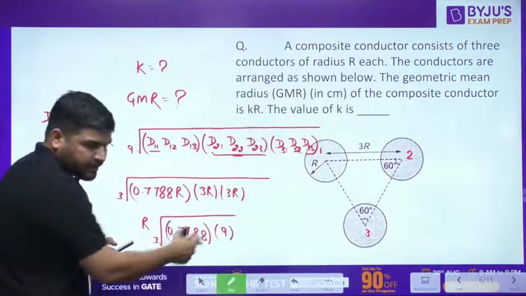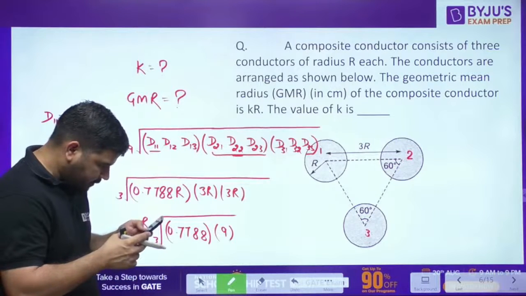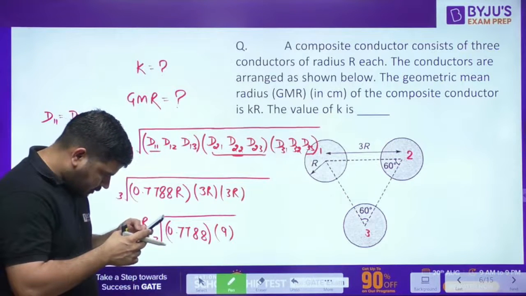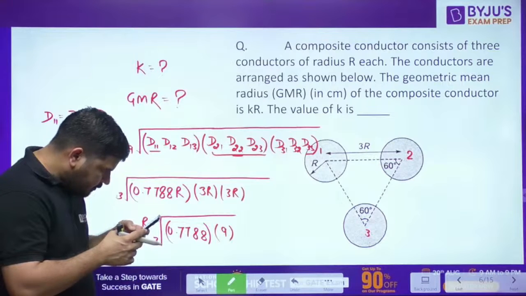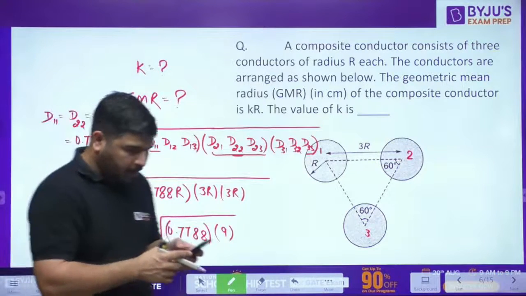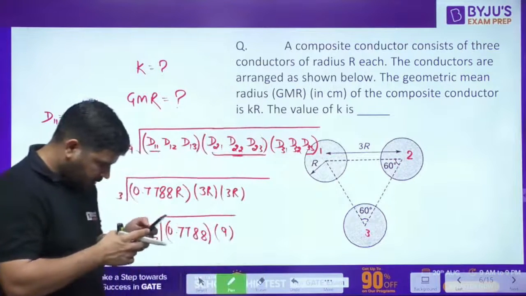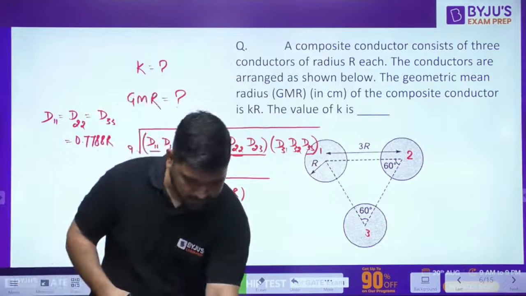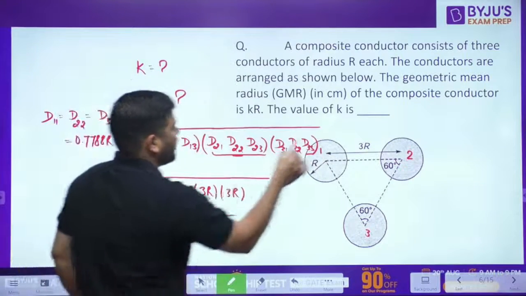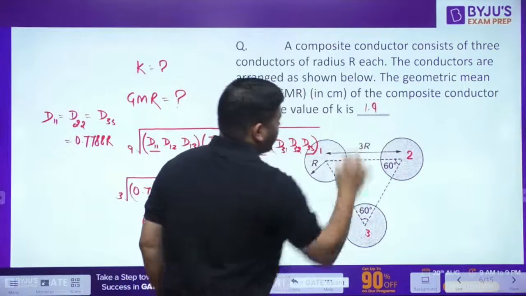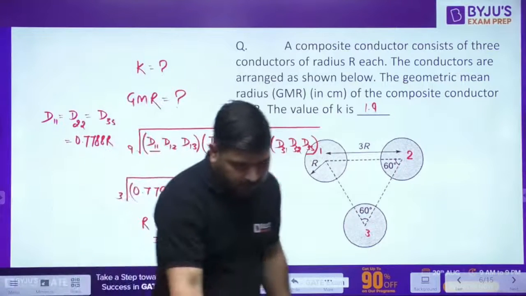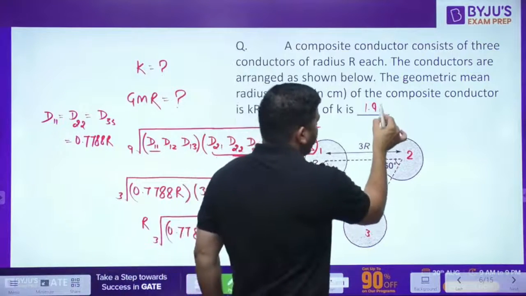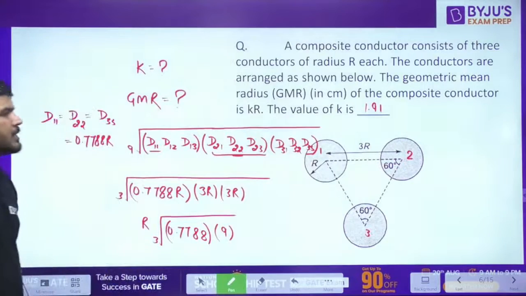So please tell me what this value is, guys. This value came out to be 1.92. Please check. 1.91. Okay, thank you, Vetri. 1.91. So this is the correct answer, guys.